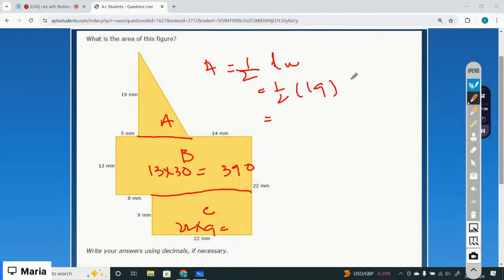Hold on. That is 11. So 19 times 11 is 209. 209 divided by 2 is 104.5. Now just calculate the area.